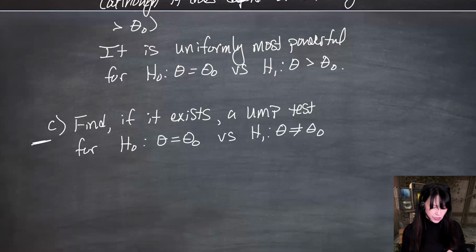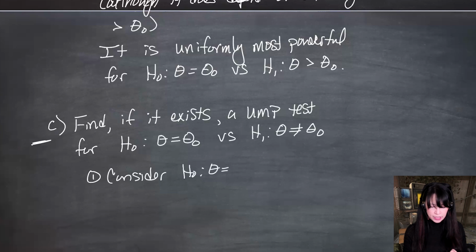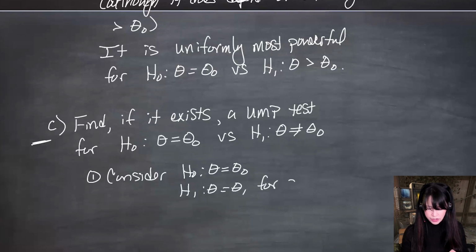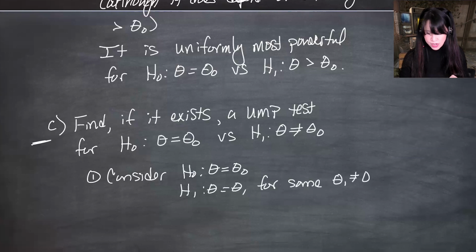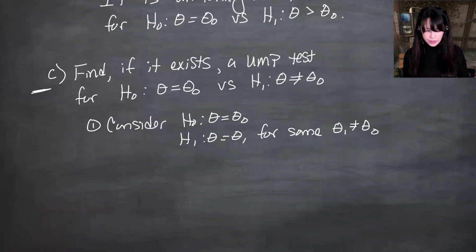To start this, like step 1, you would consider the simple versus simple. So you would fix the alternate hypothesis to be theta equals theta 1 for some theta 1 not equal to theta naught. And you would form the test. You would do exactly what we did all the way through.